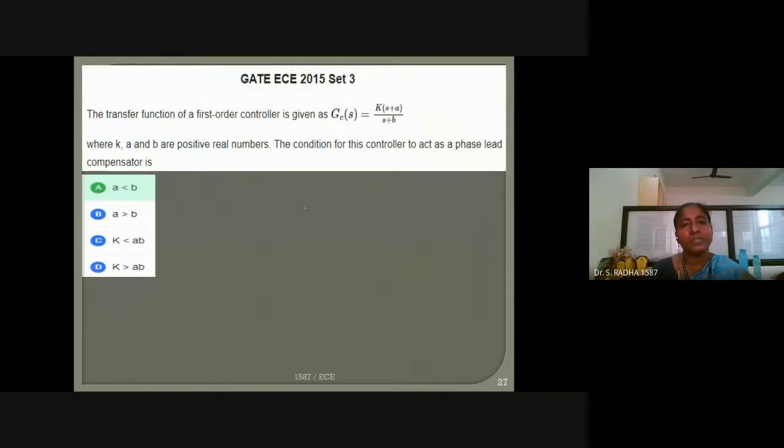The transfer function of a first order controller is given, where K, A, B are positive real numbers. The condition for this controller to act as a phase lead compensator. The numerator gives the zero, the denominator gives the pole.